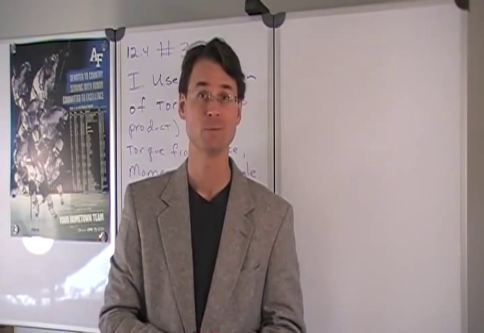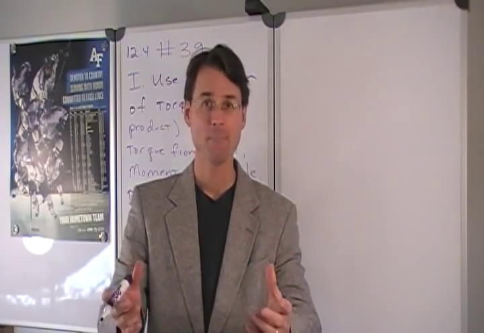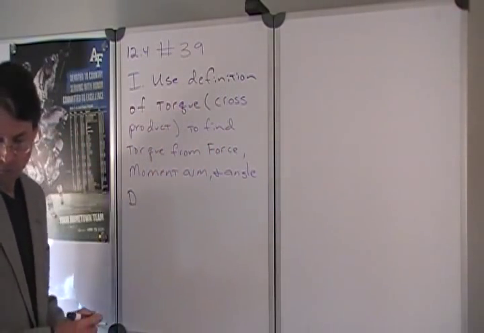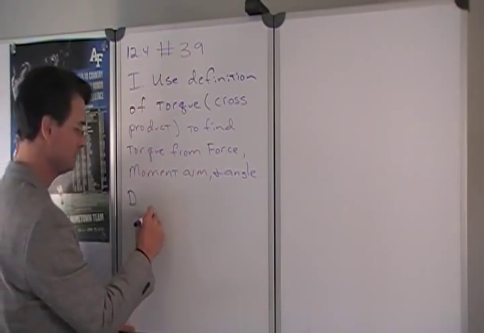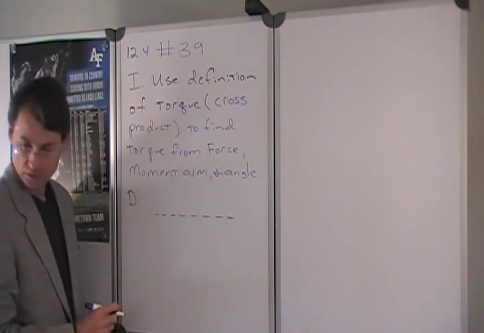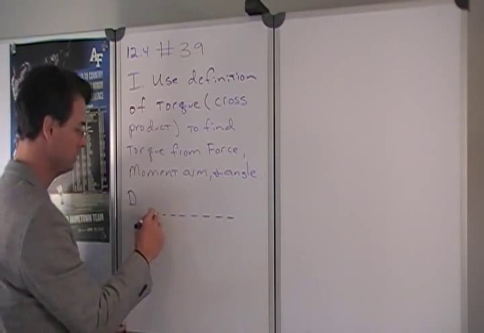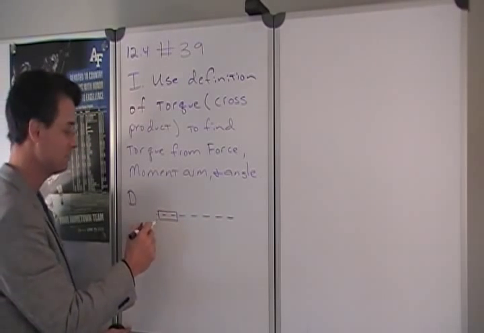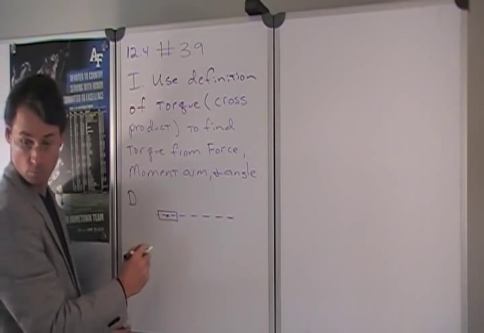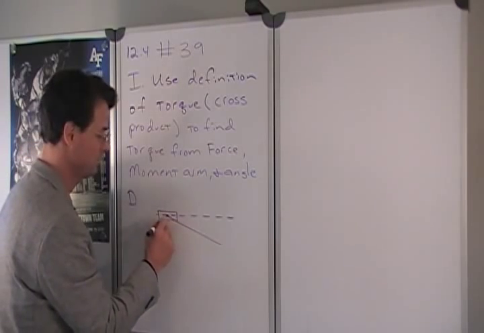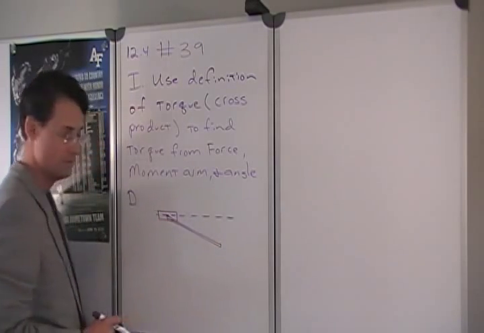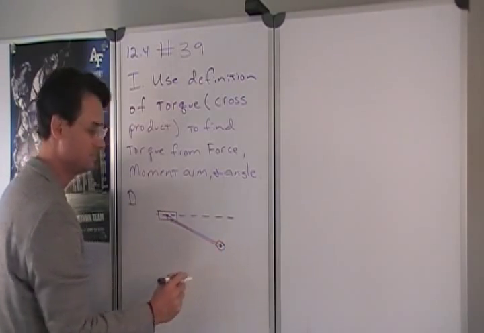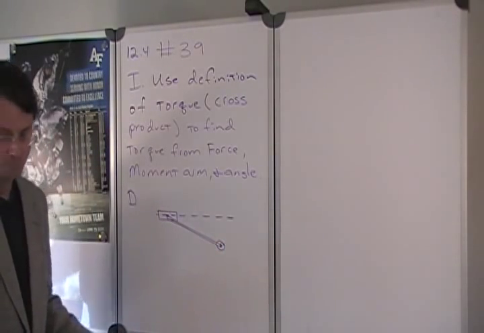Alright, now the D in our problem solving format stands for develop, and we want to draw a picture and make a plan to map out the course we're going to take toward a solution. So, drawing the picture the best we can from the book, we have a horizontal line, we have a bicycle pedal, we have the moment arm or the shaft, and we have essentially a pivot point.